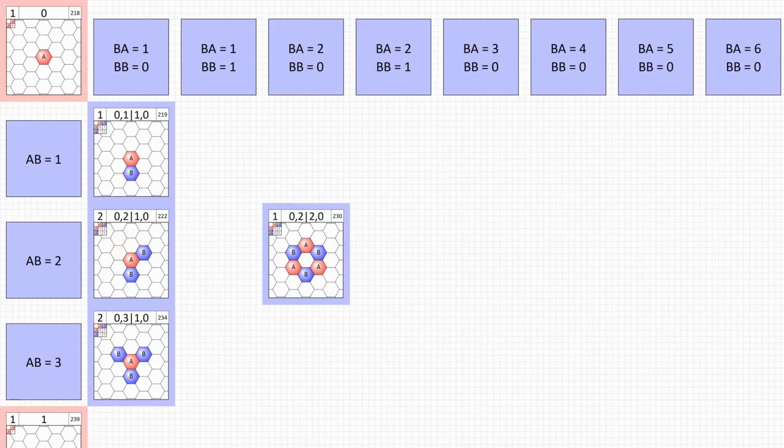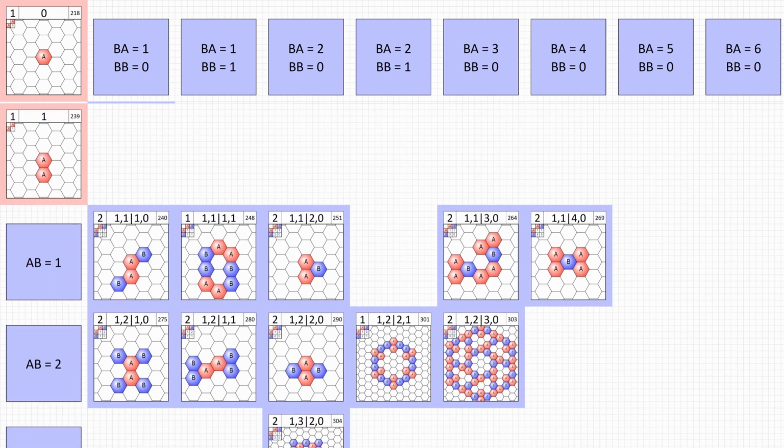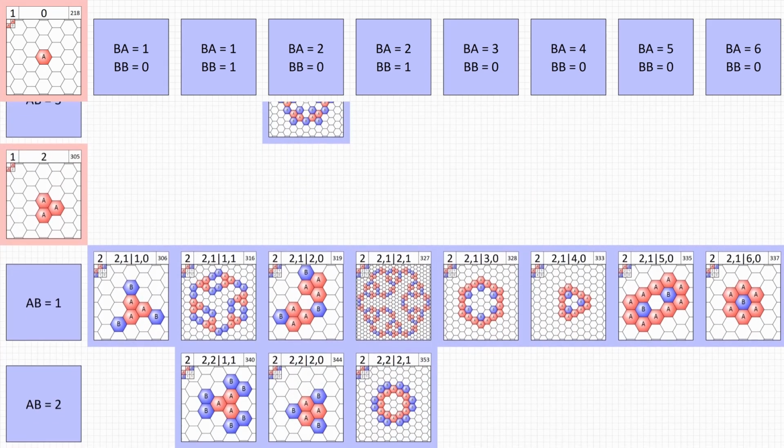There are 48 2 times 2 matrices that can describe finite connected structures. Due to symmetry, it was only necessary to check the solutions of 26 matrices.